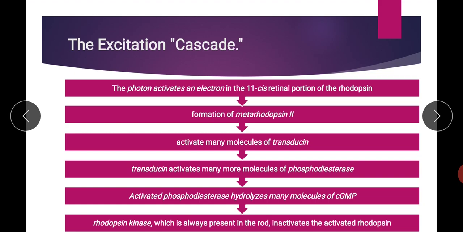So this is the reformation of rhodopsin, but this is the whole excitation cascade in which one activated photon is going to close so many sodium channels, and we are going to generate this hyperpolarization.